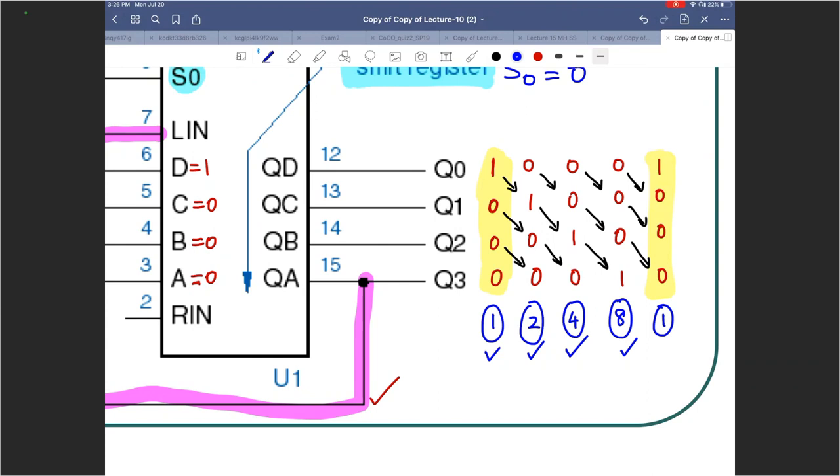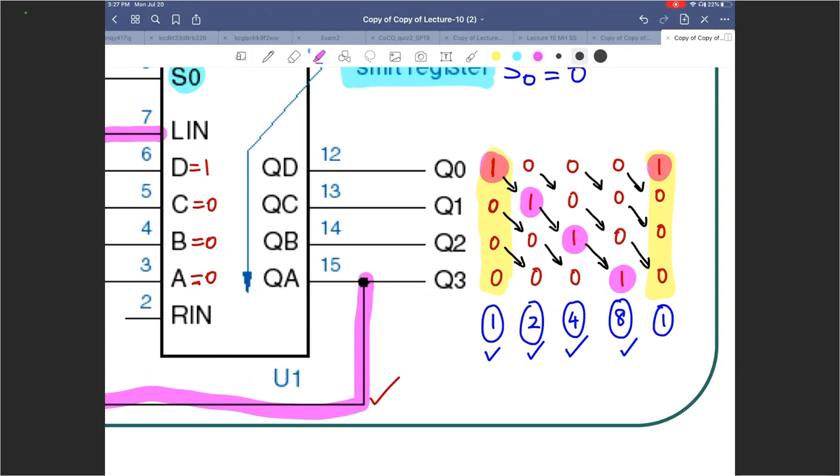And it keeps going. So out of the 16 possible states that a 4-bit counter can have, this particular ring counter is only useful for 4 states. So it's not particularly exciting. But a really big problem with this ring counter is this. If any one of these ones gets corrupted and it accidentally becomes a 0, what is going to happen?